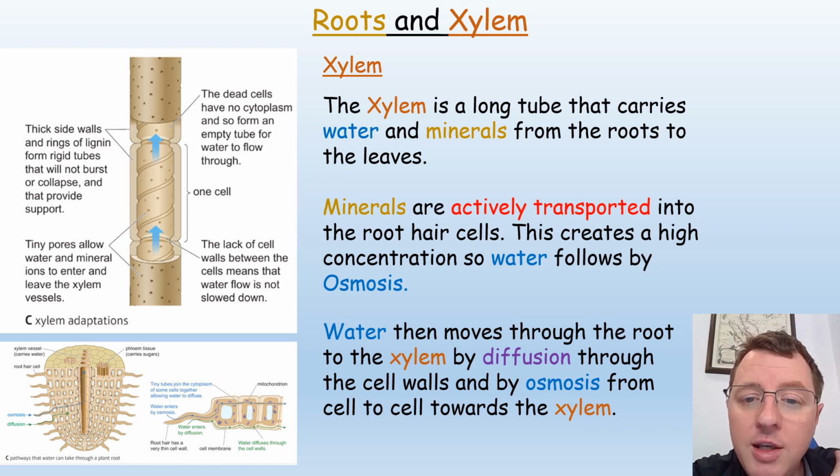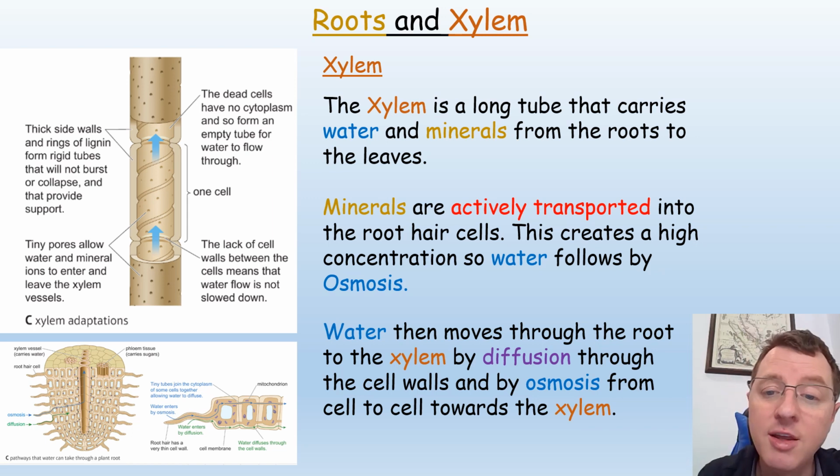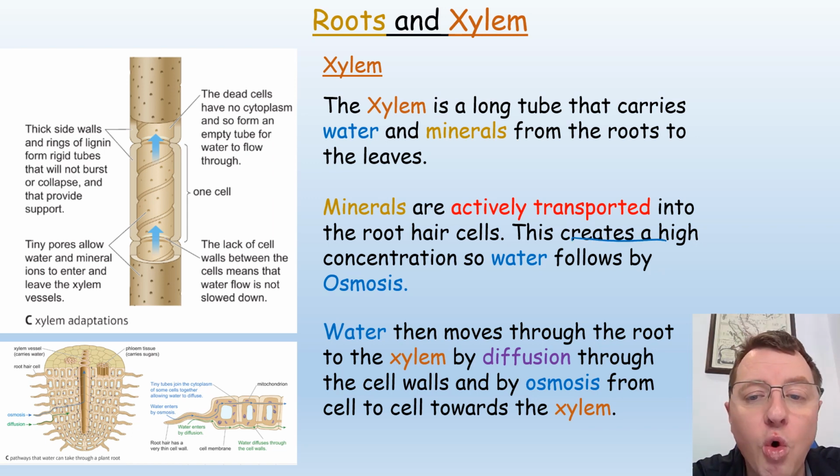And once the minerals are actively transported into the root hair cells, this creates the high concentration needed so that water can follow by osmosis. Water then moves through the root to the xylem by diffusion and through the cells and the walls by osmosis from cell to cell towards the xylem.